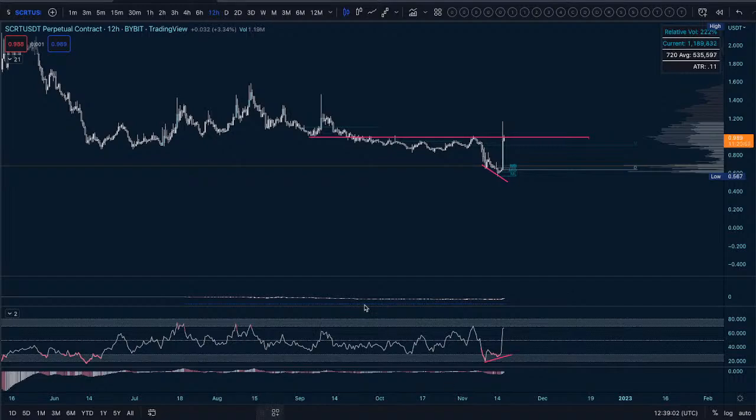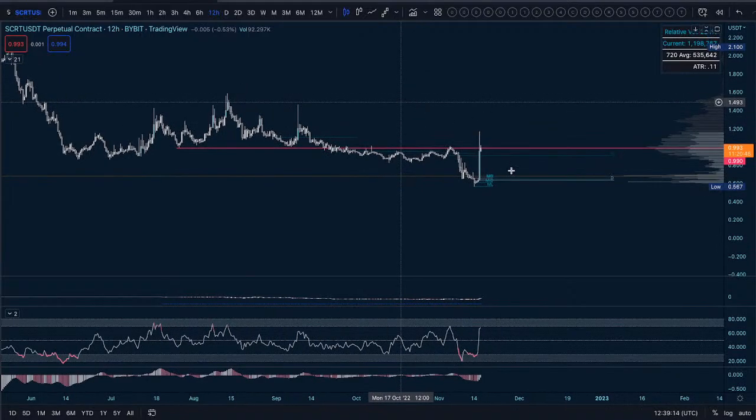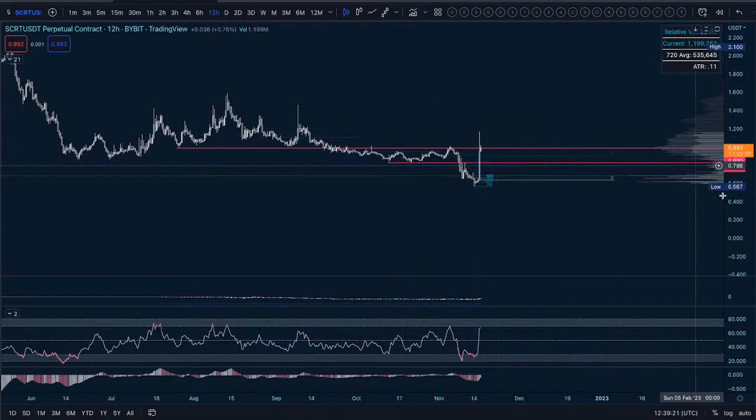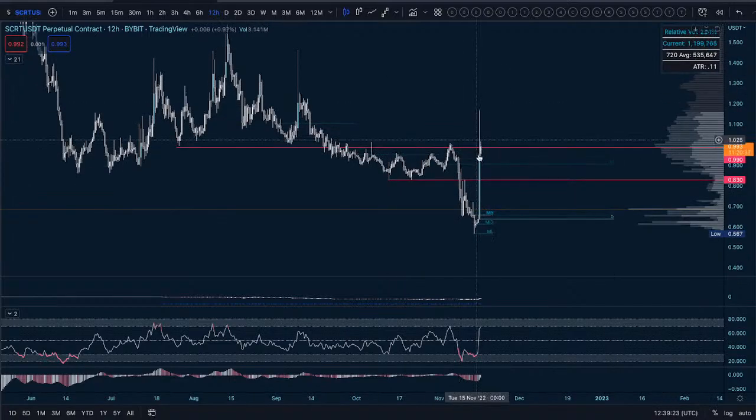Okay, let's mark these levels, so we're aware of the situation. Basically it just took out everything here, cleared everyone out.